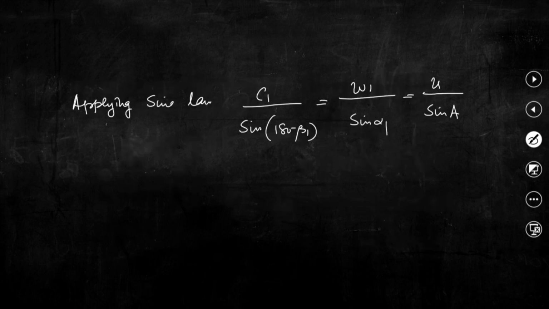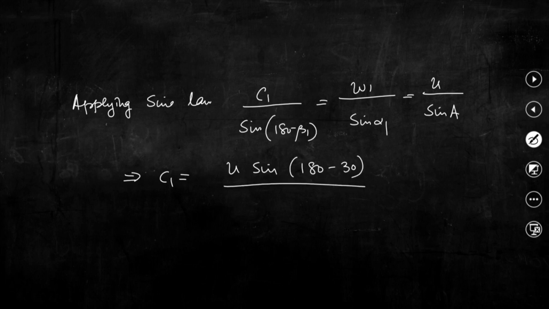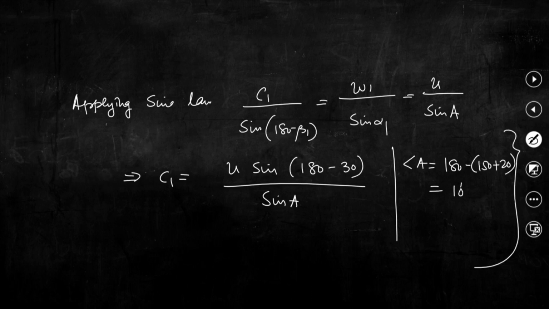Now, from this what can we write? We can easily calculate what would be C1, because we can compare the first one with the last one. That is U sine of 180 minus beta 1, where beta 1 equal to 30 degree, divided by sine A, and angle A is 180 minus 150 plus 20, equal to 10 degree. You can check.